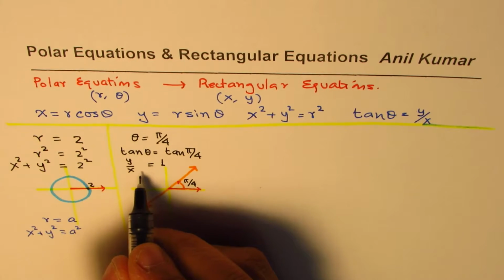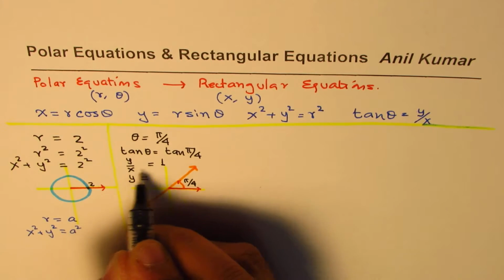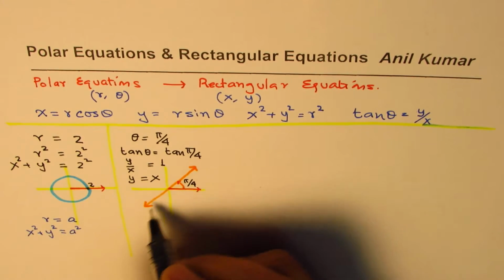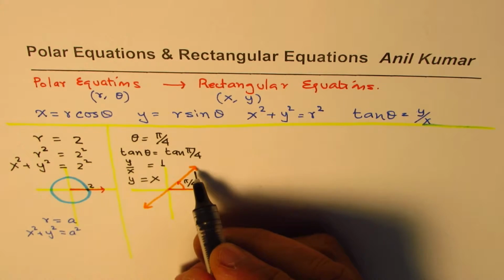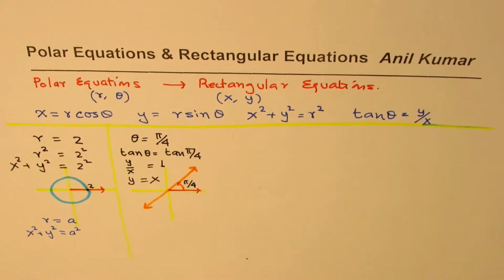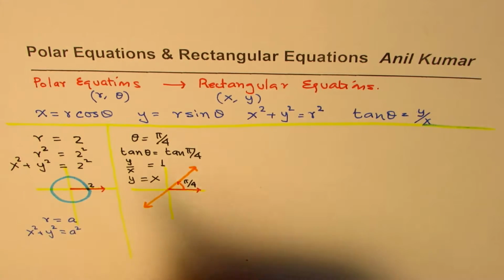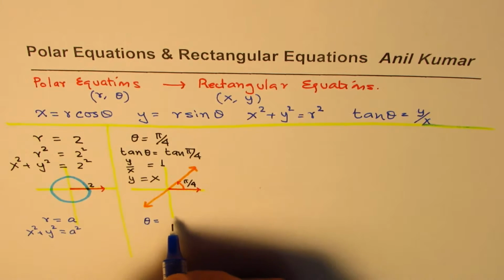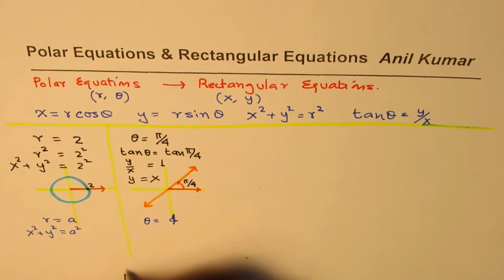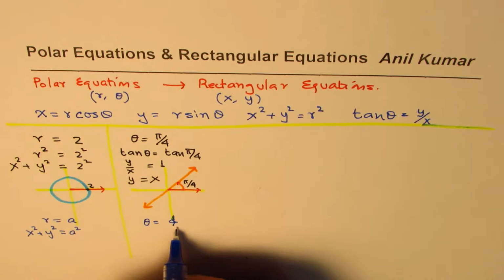Okay, so cross multiply by x. So y equals x, yes, it works. y equals x is definitely a diagonal going through the Cartesian system, right? So it's easy, right? So in a way, if I had written theta equals some angle phi, in that case, what do we get?